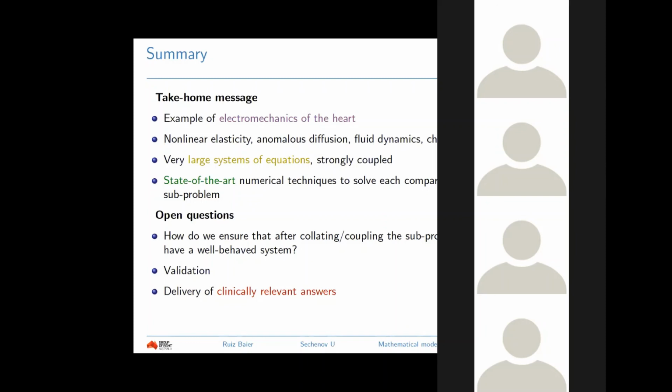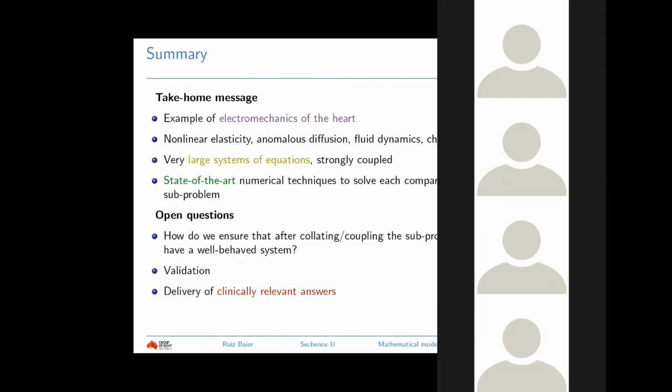And as we advance in this area, problems get more and more complicated. So we need more and more sophisticated techniques, sophisticated numerical methods, state-of-the-art numerical methods. And there's plenty of things that we still don't know about the mathematics of this, about the biology of that, about the physics of this, and how we couple things together.